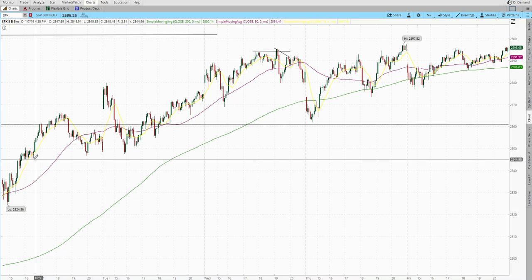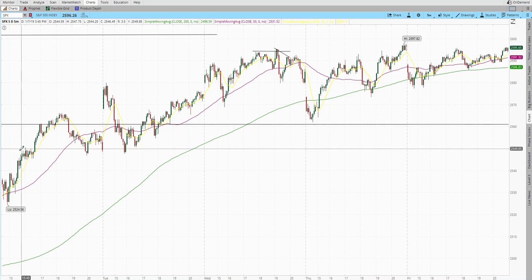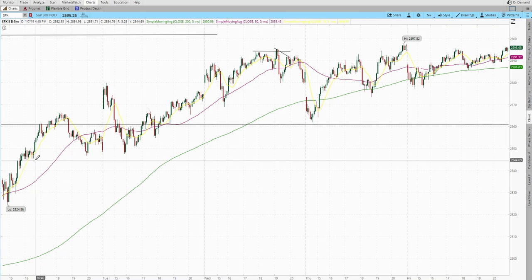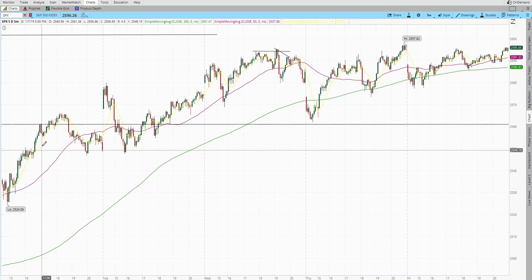So as you see price approach this 25, it broke through this area of consolidation around 25.50. Once it broke through that level, I had to be on alert because I knew the next level would most likely be 25.60.